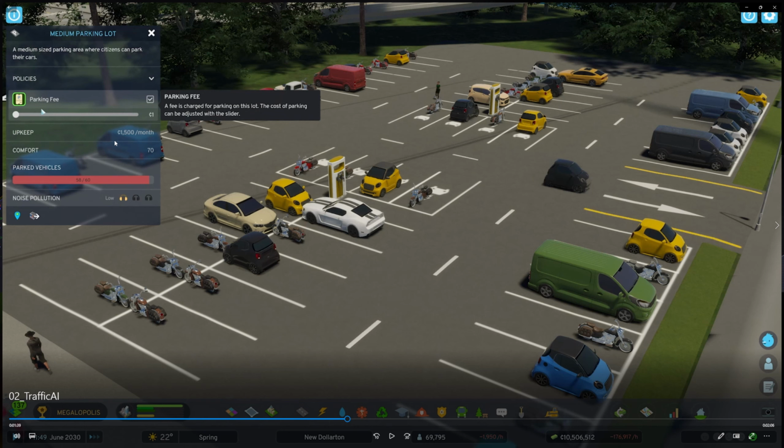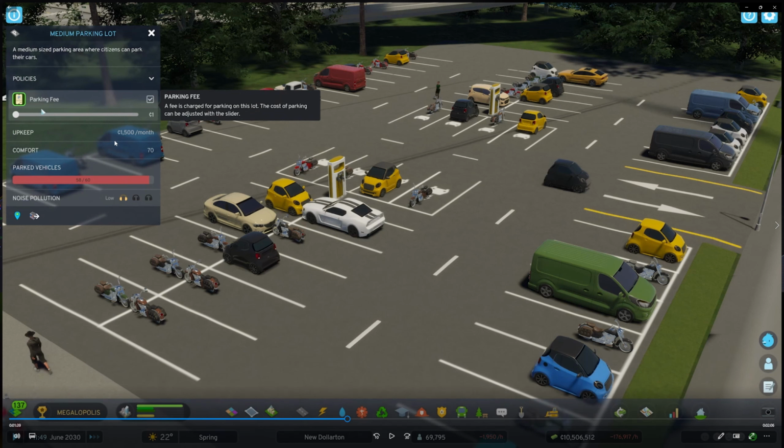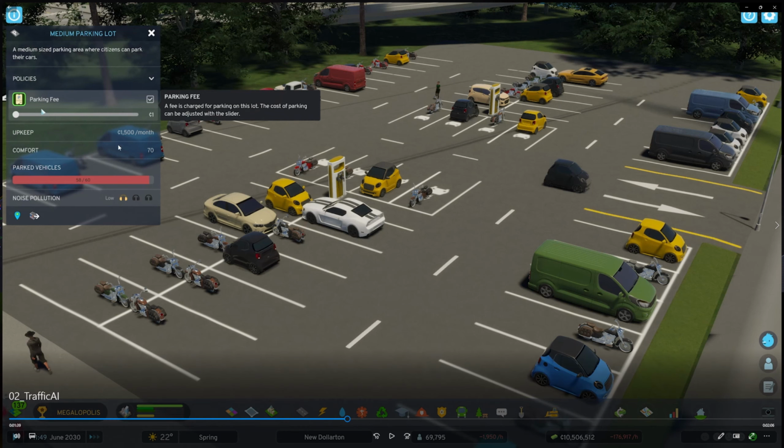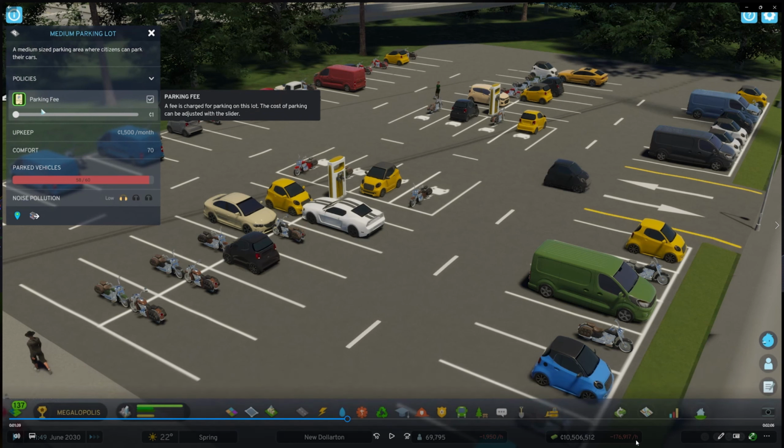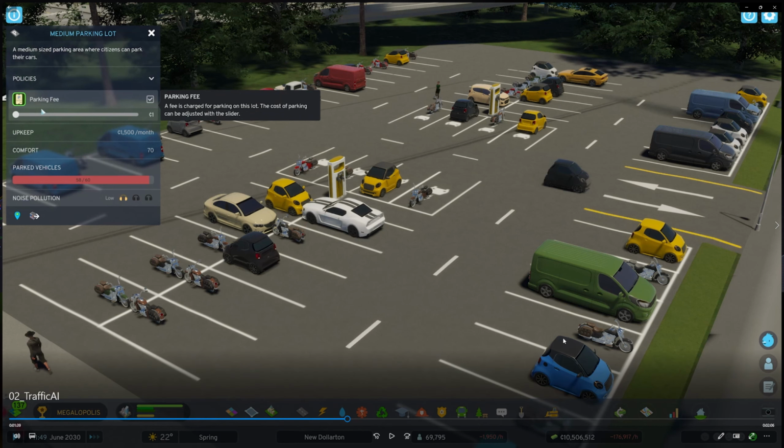Another thing that I think might be a little bit confusing is understanding how much you'll be charged for something. The upkeep for this is monthly, and the money that you see here, the money flow, is actually hourly. So that'll be a little bit confusing when you try to calculate things.